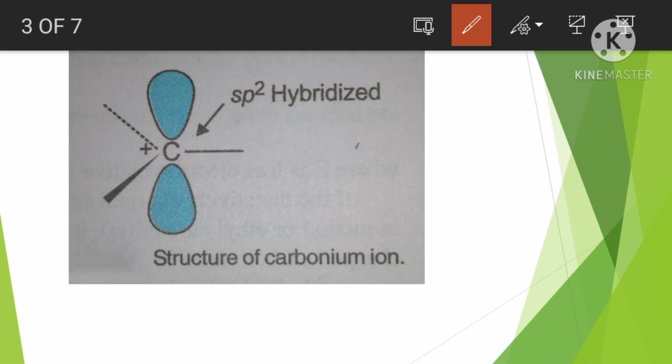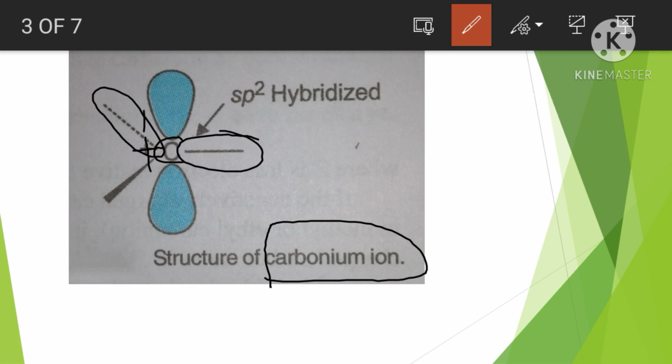This is the structure of carbonium ion. We will take an sp2 hybridized carbon atom here. This is our carbon atom, and this carbon atom contains a positive charge. That's why it is a carbonium ion or carbocation. In sp2 hybridization, 3 hybrid orbitals are there and 1 unhybridized pz orbital.